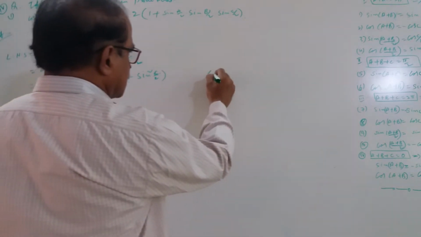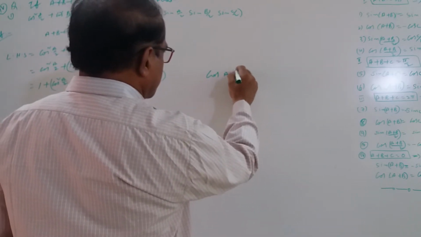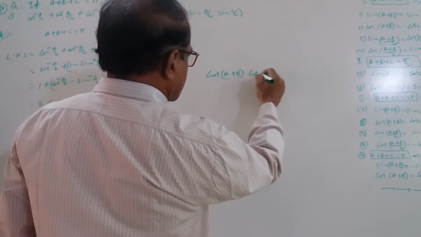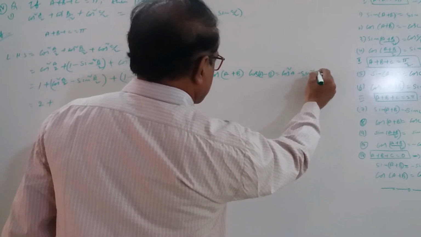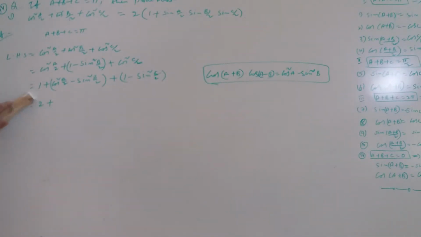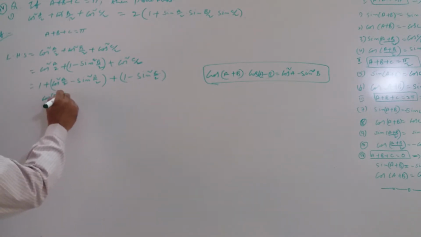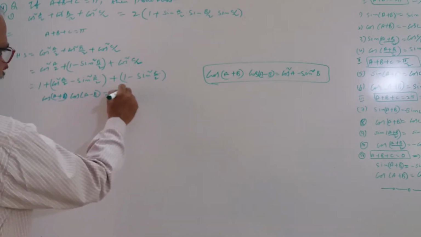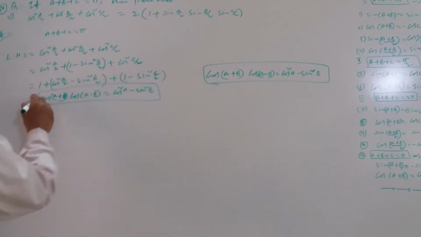That is, we have the formula cos a plus b into cos a minus b is equal to cos square a minus sin square b, the sum and product formula. By using the formula, I will write here cos a plus b into cos a minus b is equal to cos square a minus sin square b.